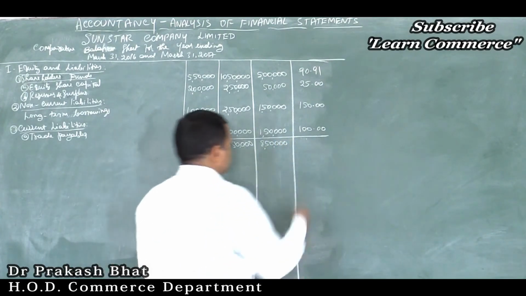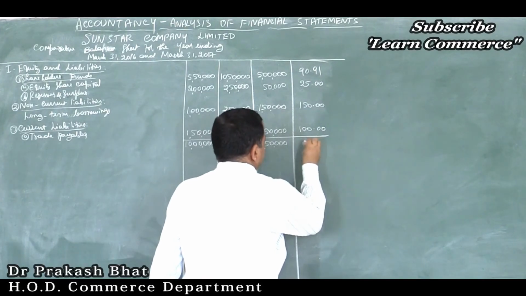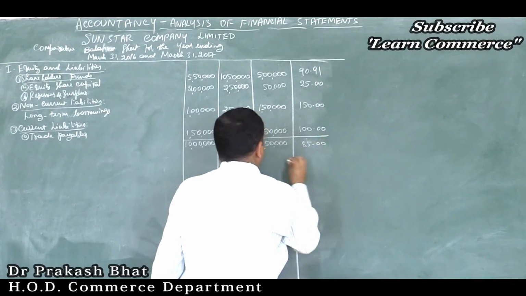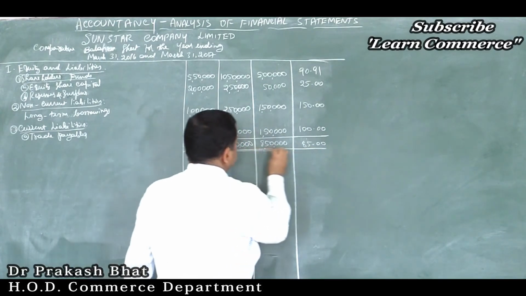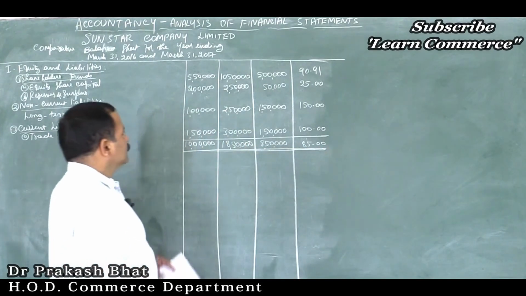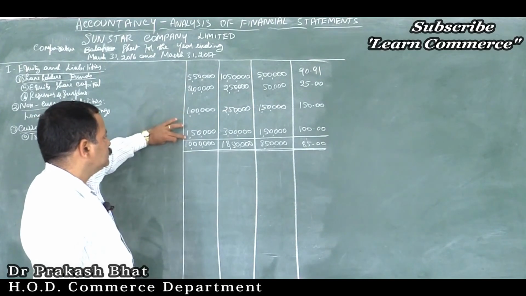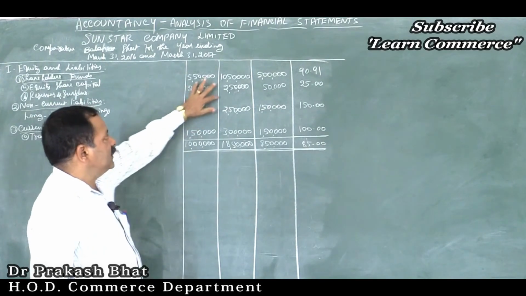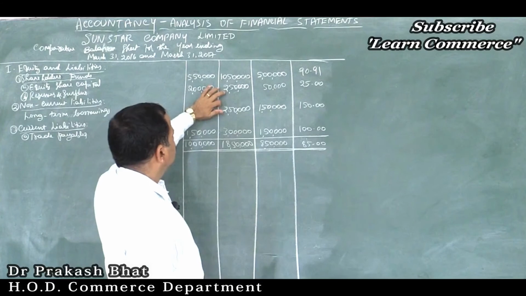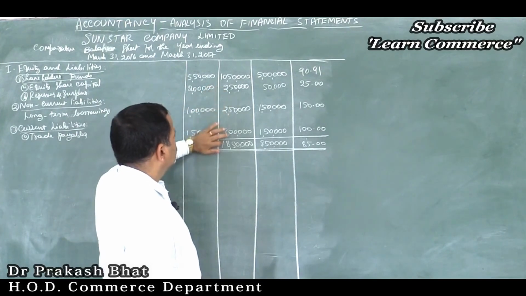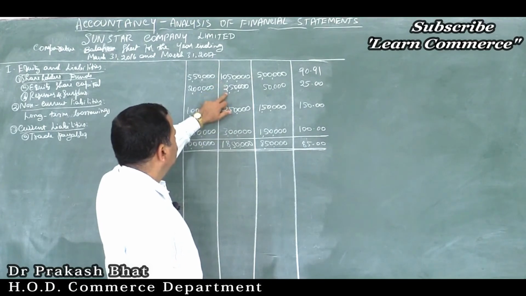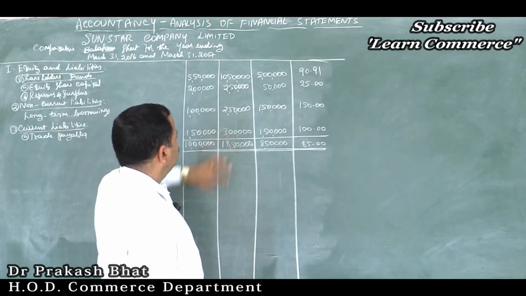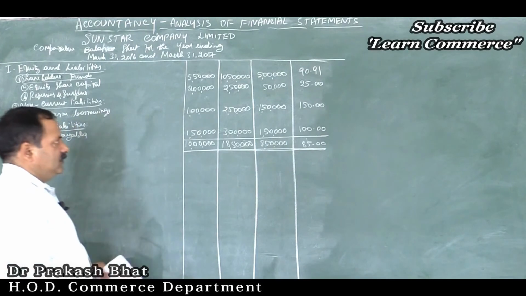Is that correct? Yes, it is. 85%. So double underline. Liability side over. Yes, correct. 18,50,000 is correct.